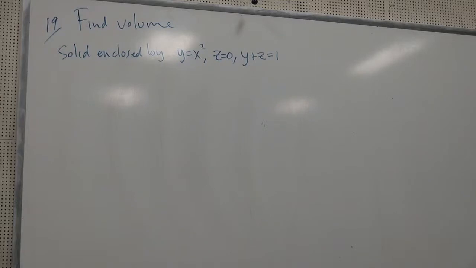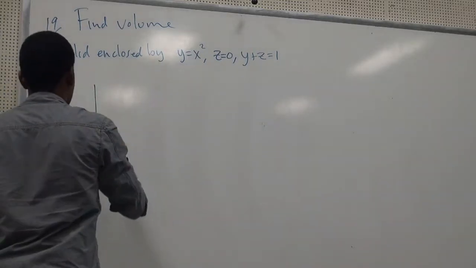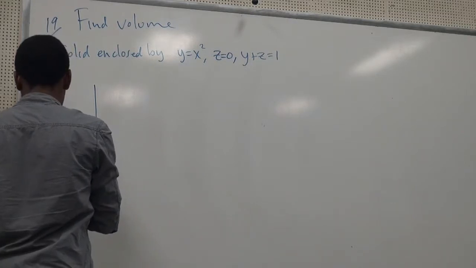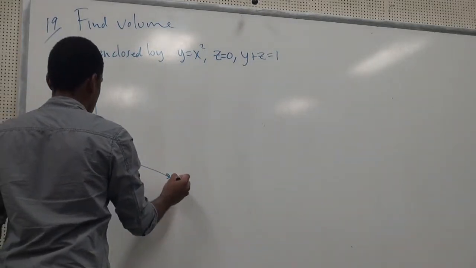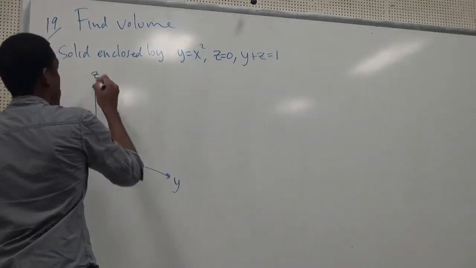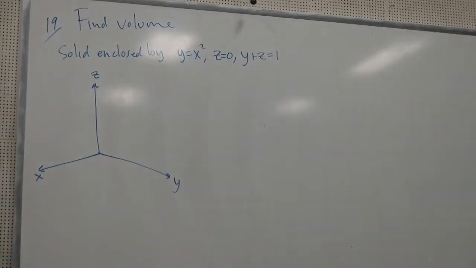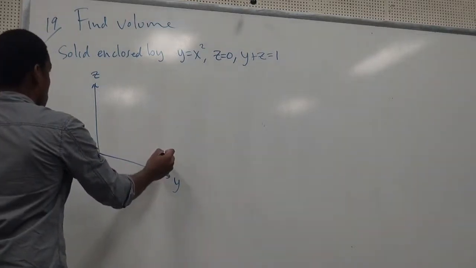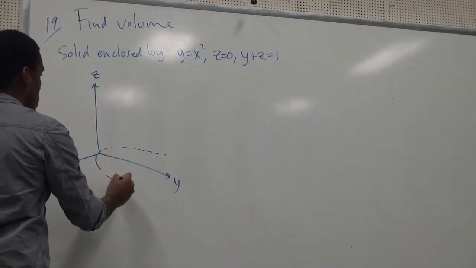Is that something that we can graph nicely? I mean, try. Y equals x squared. What does that look like? It's a parabola. No, it's a parabolic cylinder.